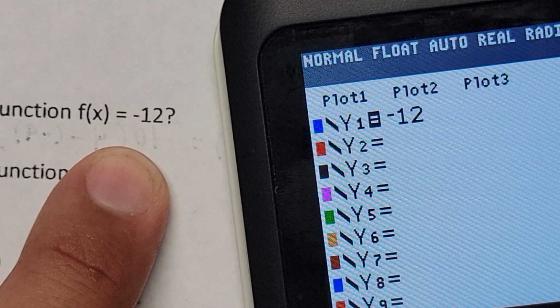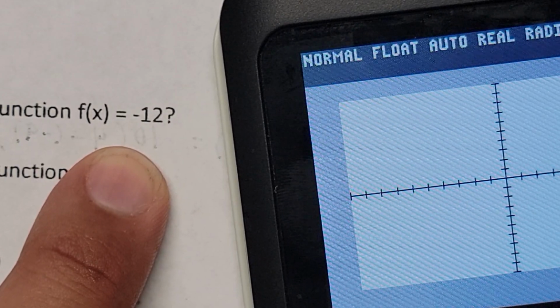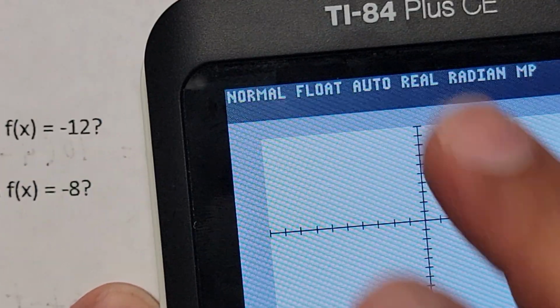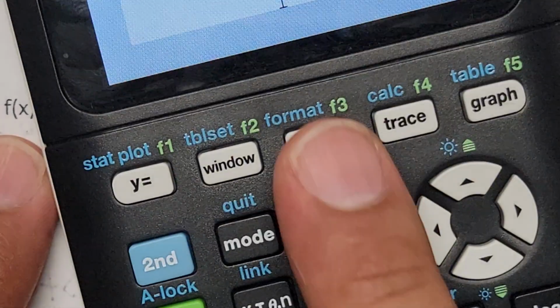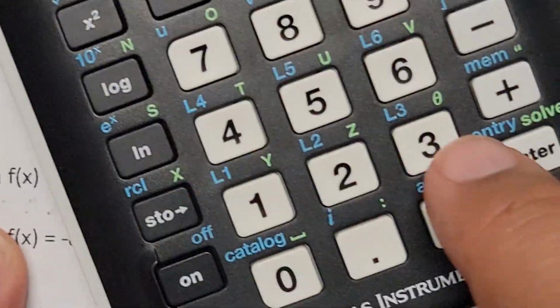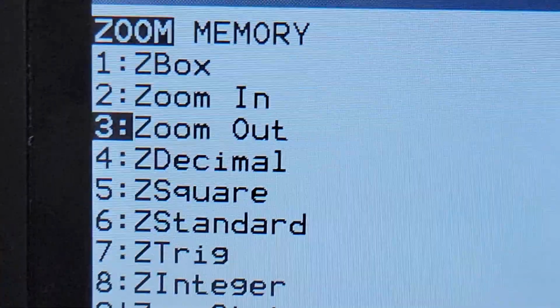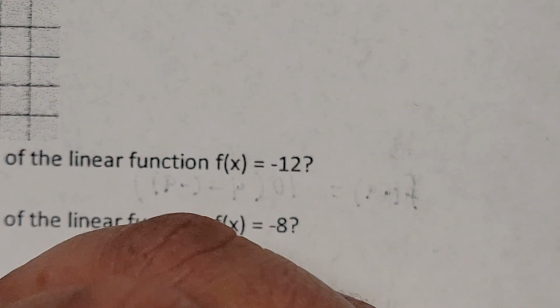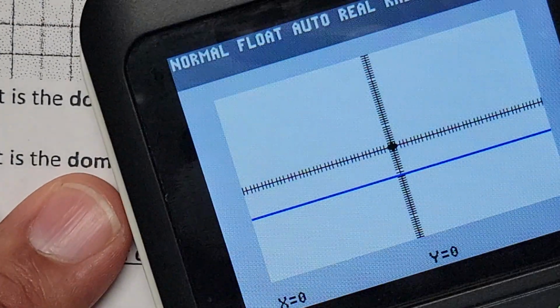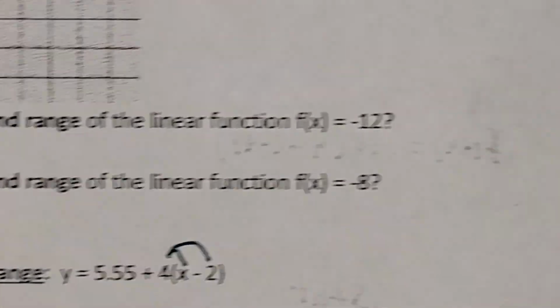Right here we can see the graph. All right. So the problem here, guys, you can't see negative 12. It's outside here. You're going to go to zoom. So we're going to push zoom, and we're going to zoom out. All right, it says right here, zoom out, number 3. Push enter. All right, there's negative 12. So the domain, this goes to the left forever and to the right forever.